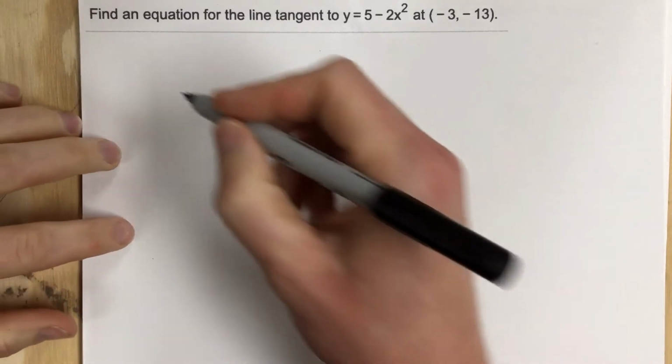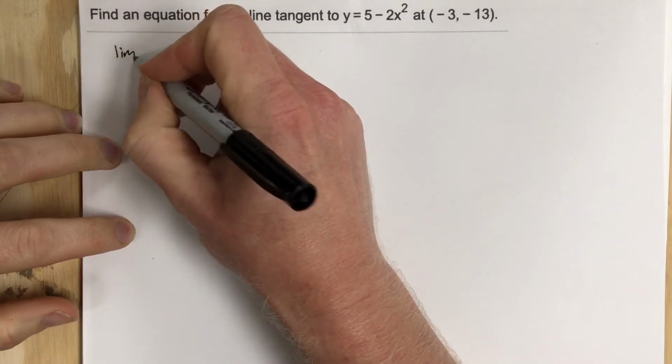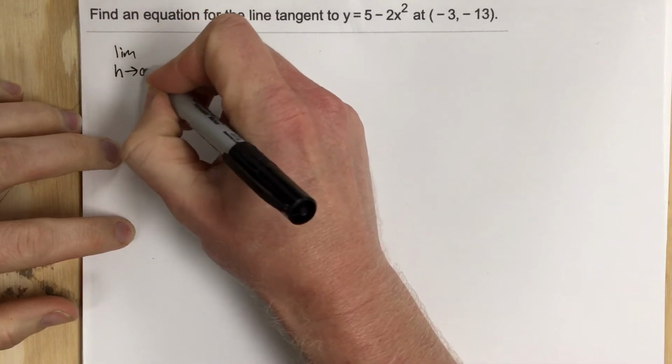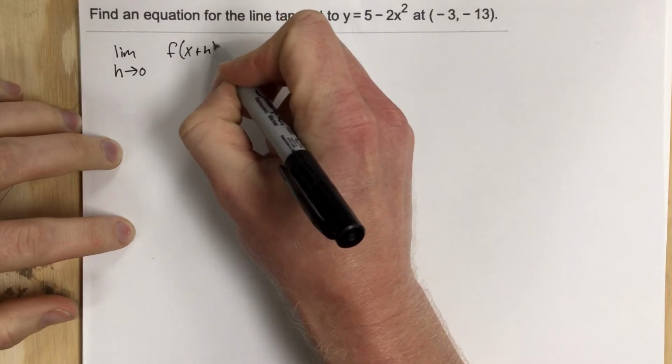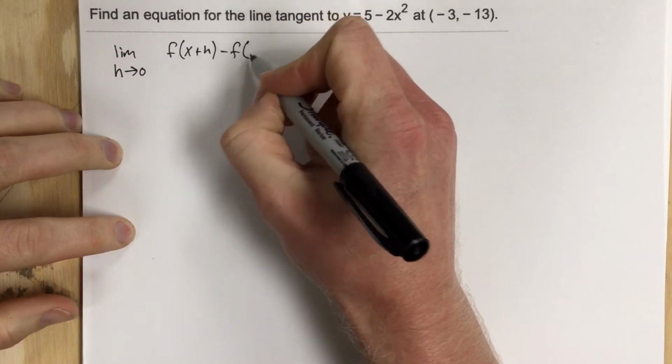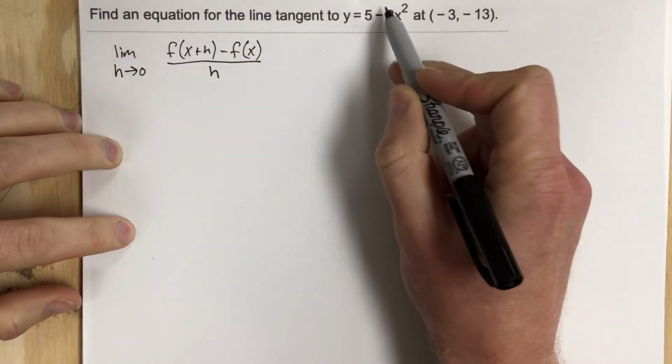So to find the slope, we're going to use the limit as h approaches 0 of f of x plus h minus f of x all over h. And we're going to do that with this function here.